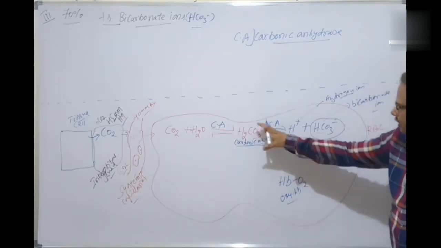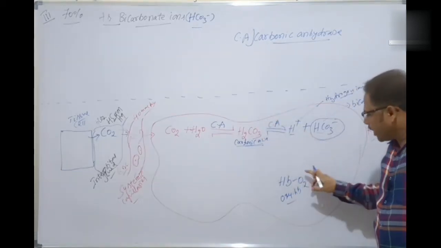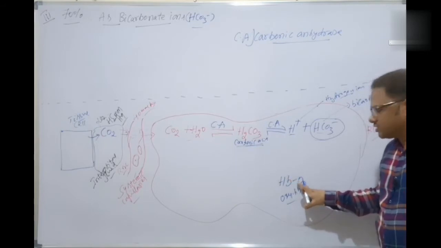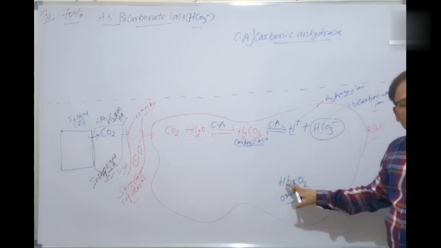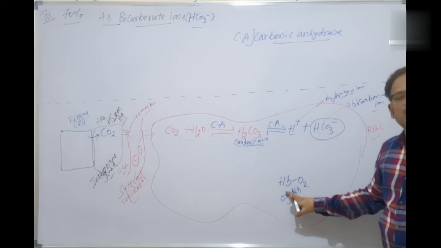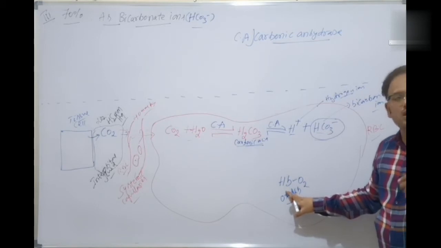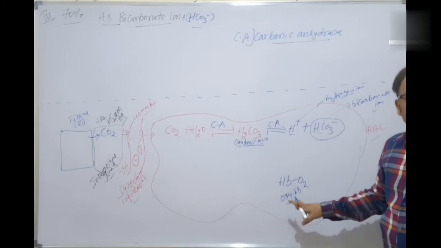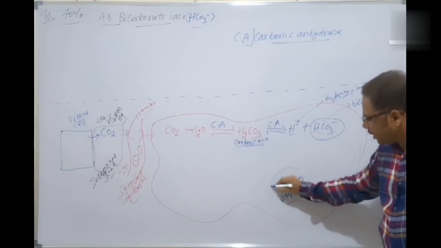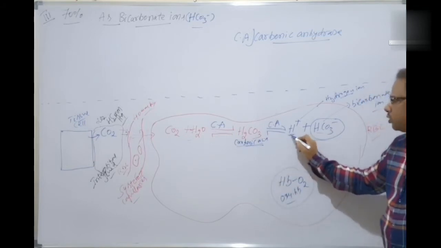While these reactions are going on, what happens? I told you the oxygen binding affinity of hemoglobin is dependent on the partial pressure of oxygen, the partial pressure of carbon dioxide, and also the concentration of hydrogen ions.